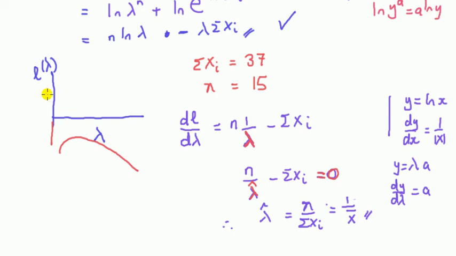So the MLE right here, lambda hat, is equal to 1 over x bar.